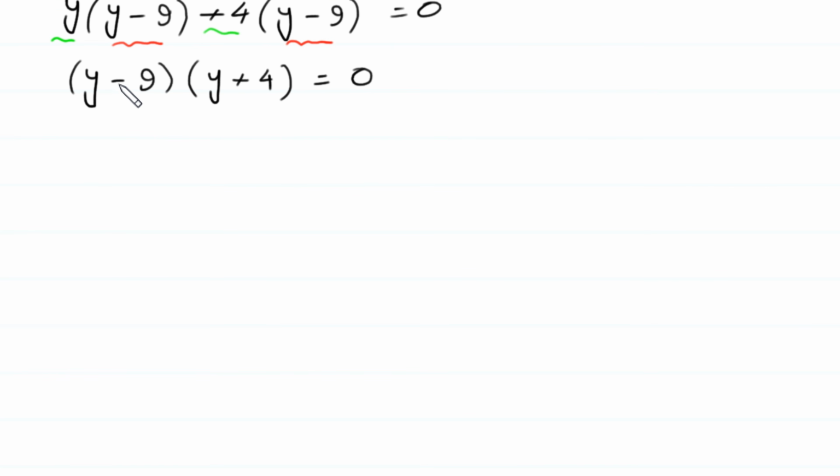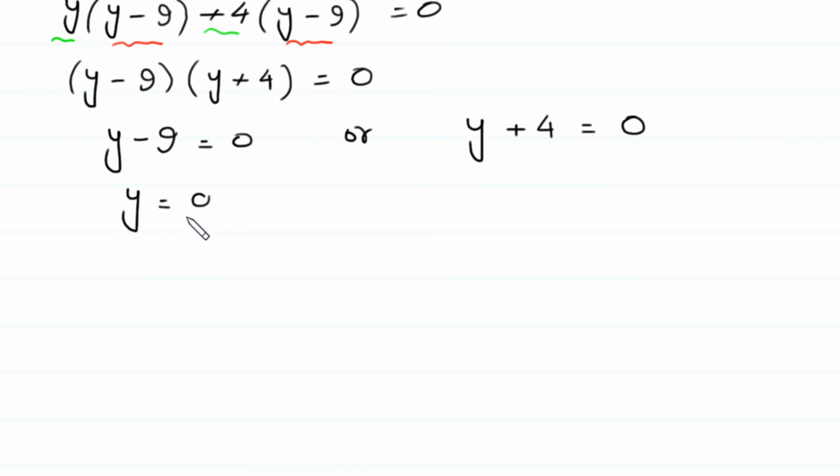Now from here, either this expression y minus 9 is equal to 0, or this expression y plus 4 is equal to 0. And from here y is equal to 9, and from here y is equal to negative 4.